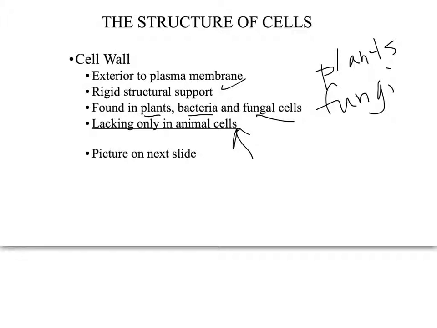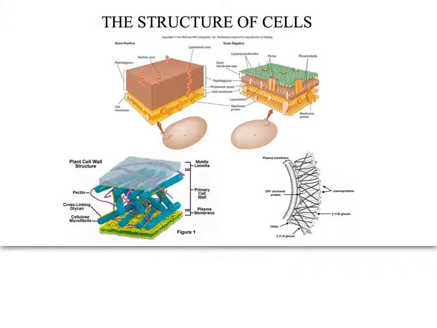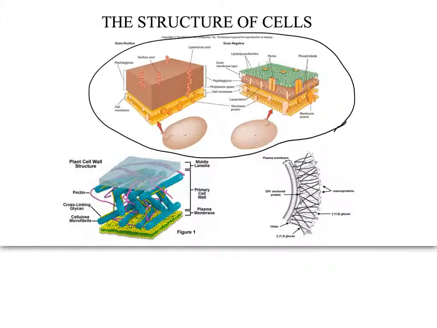I'm not going to make you memorize everything on this picture. That's not the point. The idea is these two are bacterial cells. The cell wall is the brown, and this yellow is the plasma membrane that's inside.